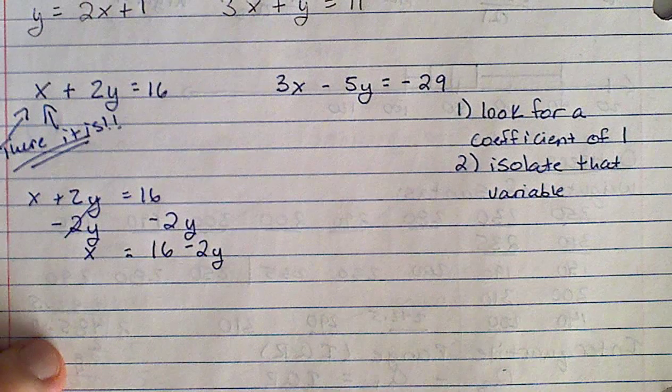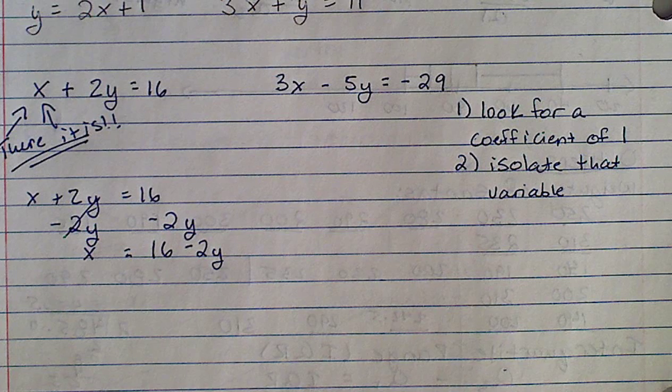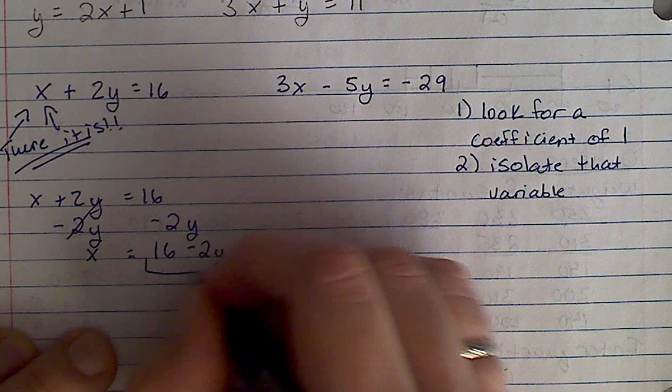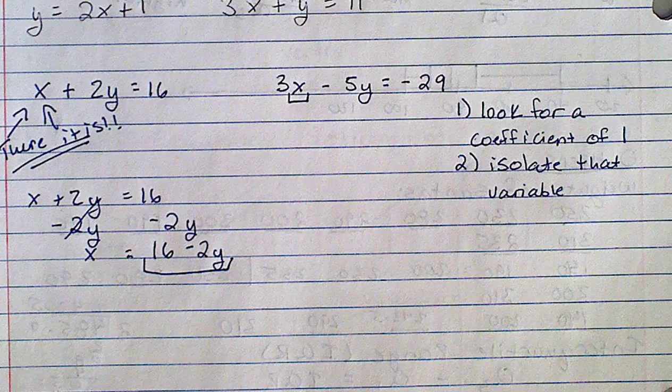Now, this looks just like what we were doing yesterday. Now, I can take what x is equal to, which is 16 minus 2y, and I can substitute this in for x in the other equation.